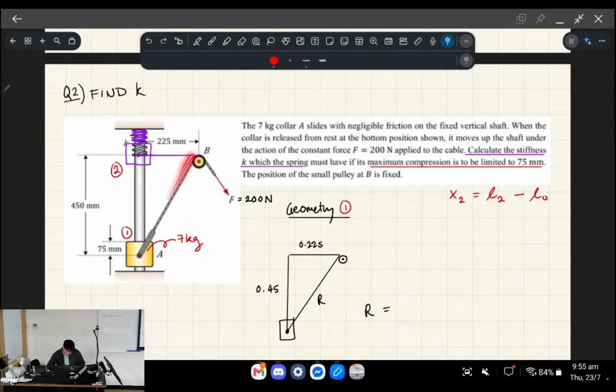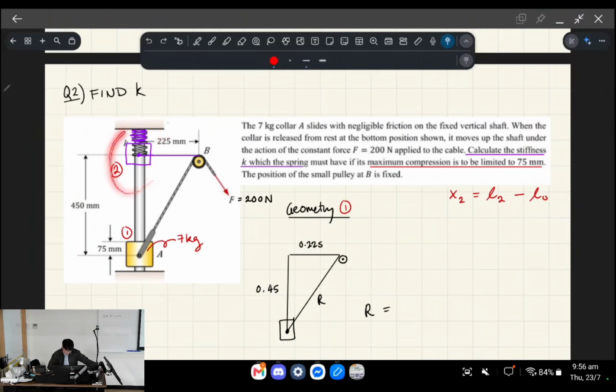Firstly, the rope. We can actually measure this distance of the rope in state 1 using Pythagoras. It's a right angle triangle, and we can look at the hypotenuse of this right angle triangle, giving us the distance between A to B. Okay, I'll tell you why this is useful later. And then in state 1, the spring is uncompressed. We're not touching the spring.